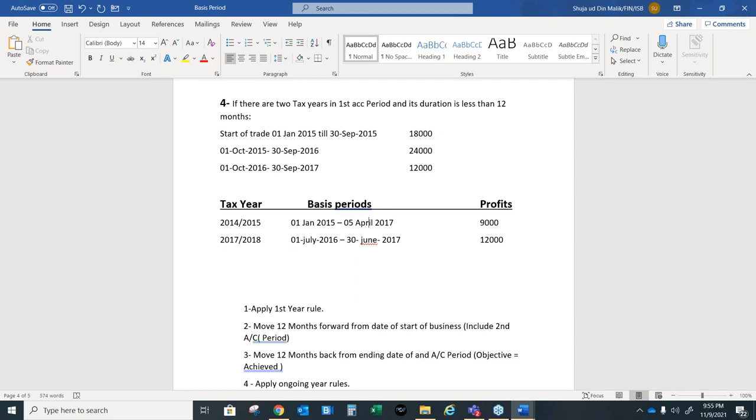When will the 5th April be coming? It will be coming on 5th April 2016. Now, the profits for the 9 months, January 15 till 30th September, there are 9 months. Profit is 18,000. Per month profit will be 2,000. Okay, Fawad, get it?